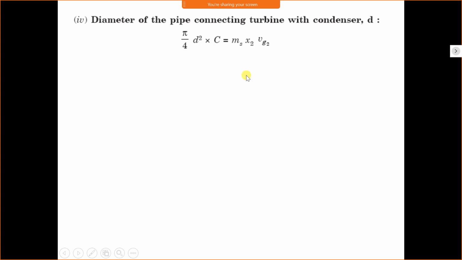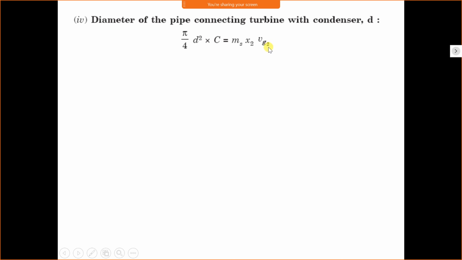Now, the diameter of the pipe connecting the turbine with the condenser, that we have to calculate. For this, velocity is given. The formula of discharge is area into velocity, and that equals m into specific volume, mass flow rate of steam into specific volume.